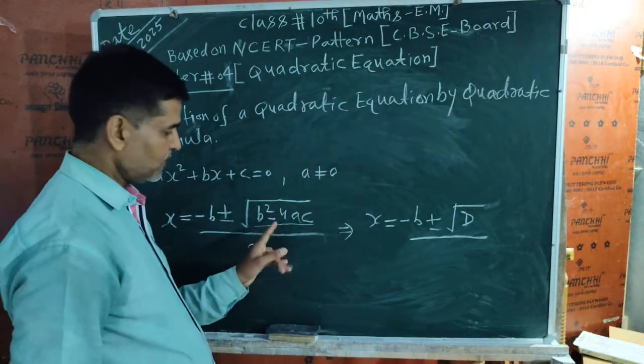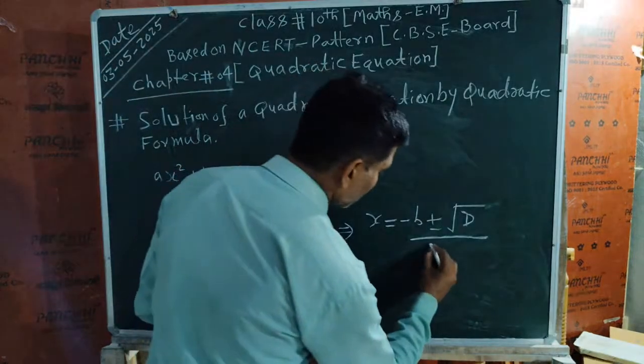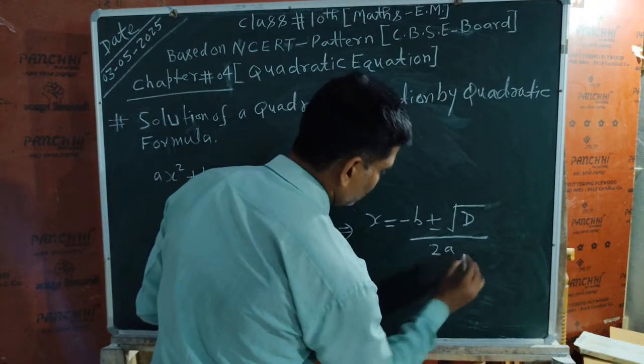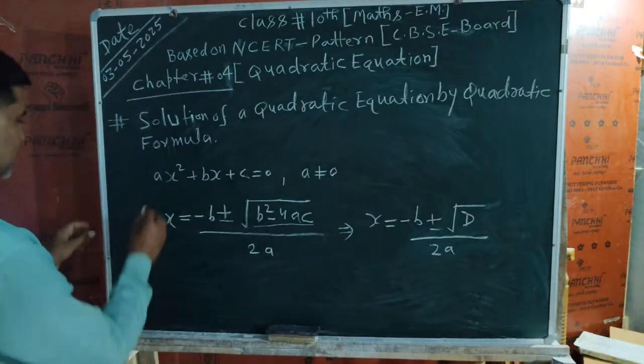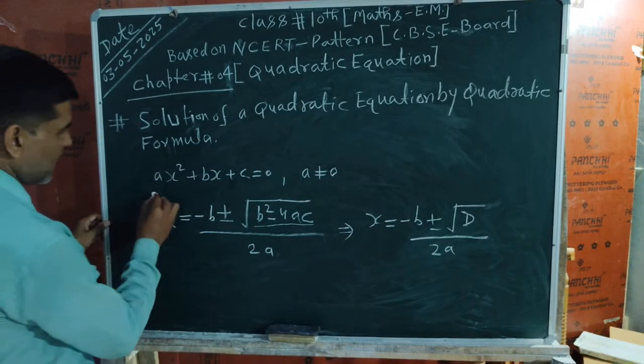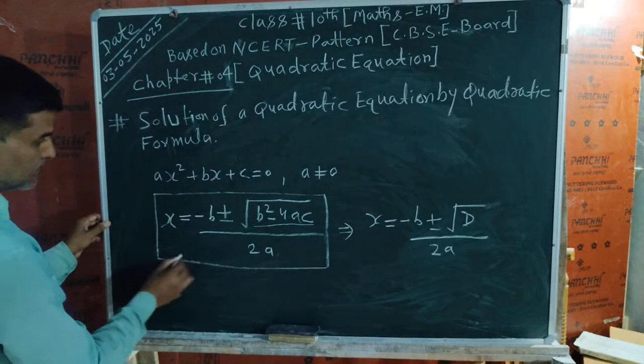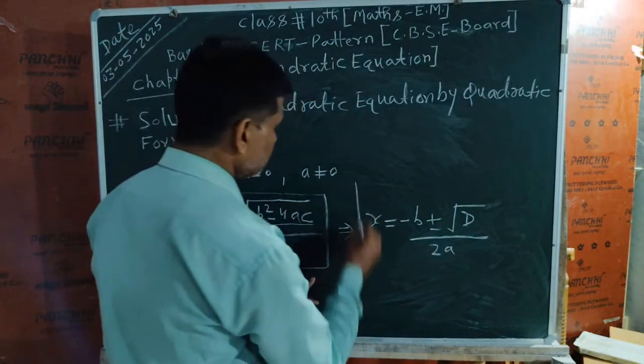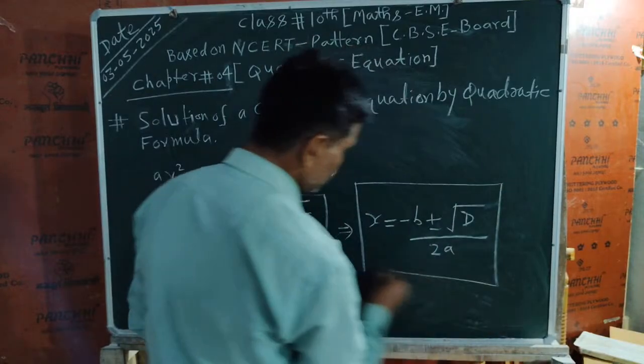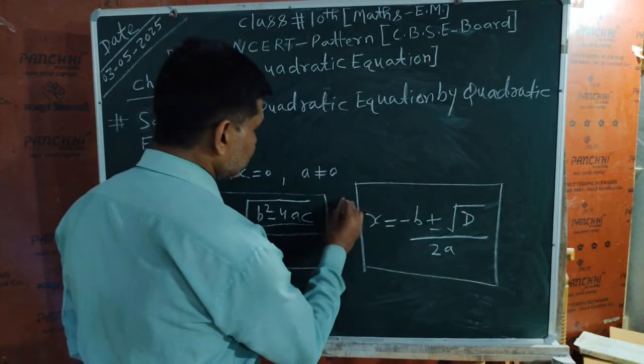I will elaborate it in detail again. So I will put 2a here. So this is the formula, and I can also write it in this form. Both are the same thing.